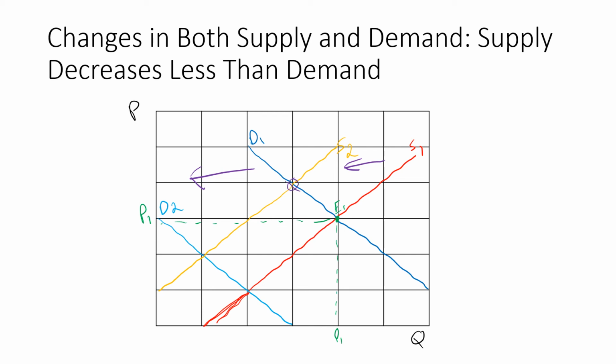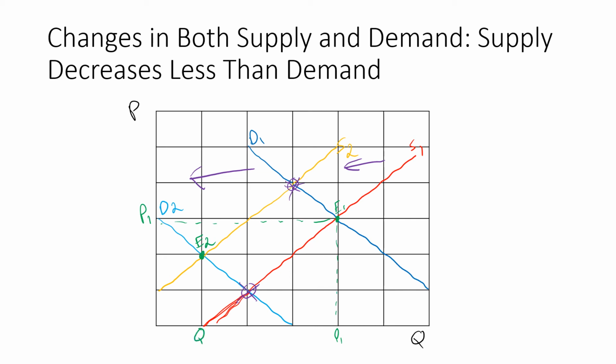So not there, right? If you're thinking it's there, that's not correct, because that is where supply 2 and demand 1 cross. Nor is it going to be down here where supply 1 and demand 2 cross. Neither of those are our new equilibrium point. Our new equilibrium point is where supply 2 and demand 2 intersect, which is here. So that is our new equilibrium point, E2.